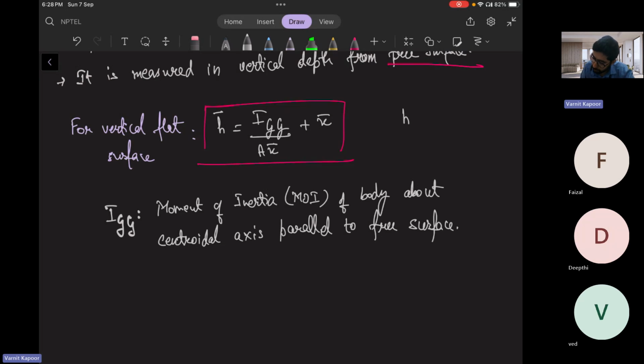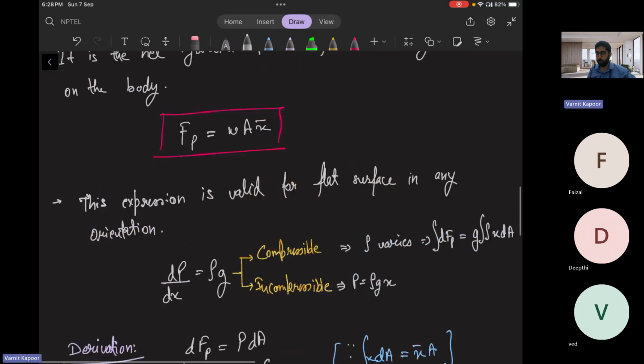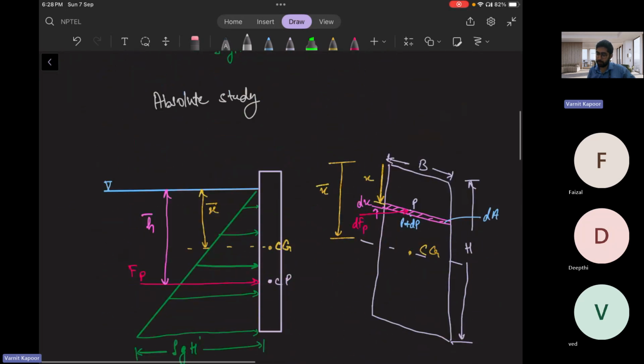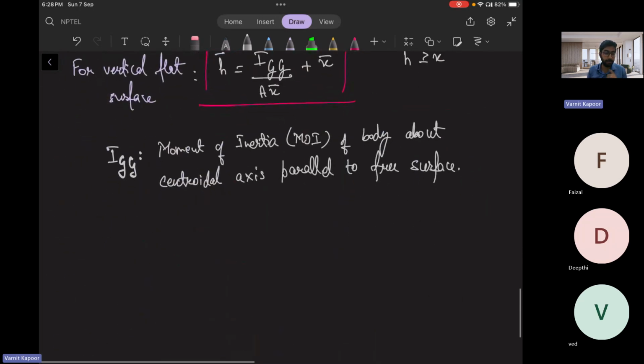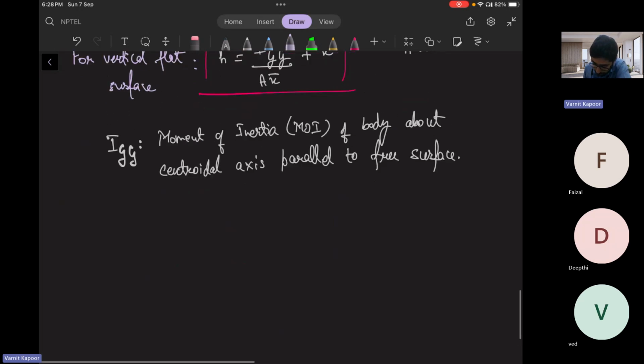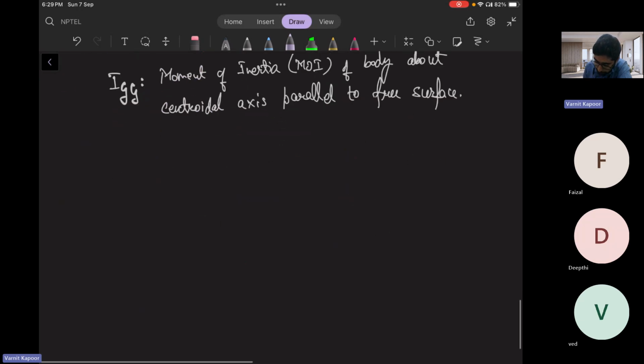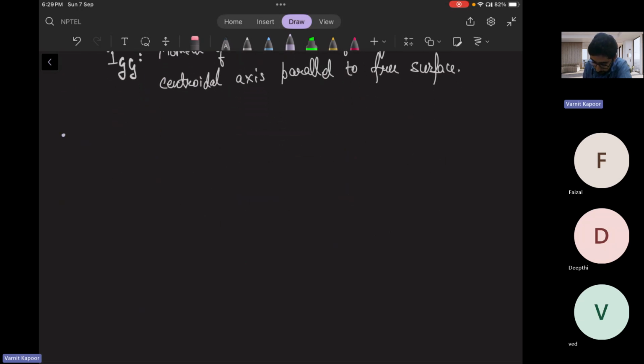And the point to note here is that h bar is always greater than x bar. It's much below, as I told earlier. H bar will be a bit lower because from the physical sense also you observe that the center of pressure acts lower, having a higher value towards the bottom compared to the top. Now, that was for a vertical flat surface, but for an inclined flat surface, what will be the expression?